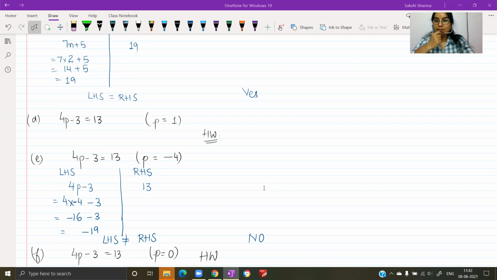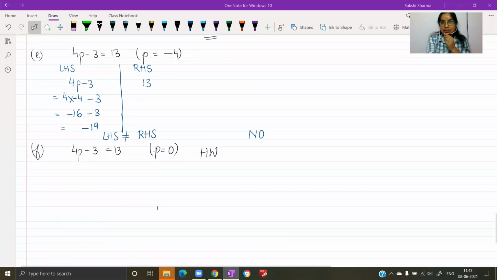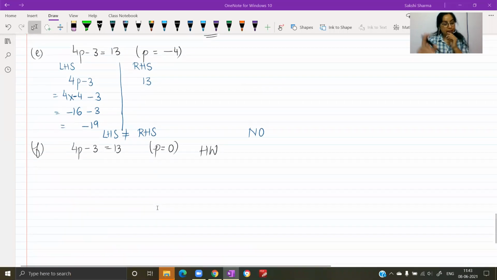Correct, Sumaira? Right, Damandeep, correct. Right, Gunjan, right? Okay. I hope everyone has done till part C. D part is homework, F part is homework.